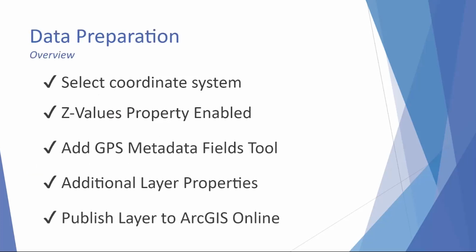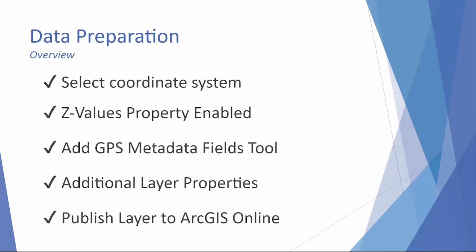So starting with our data preparation, just a quick overview of everything that we're going to cover, starting with selecting our coordinate system. This is something we do when we're creating our new layer in ArcGIS Pro, and then also enabling ZValues or elevation for our new feature layer. This is also done when creating a new layer.